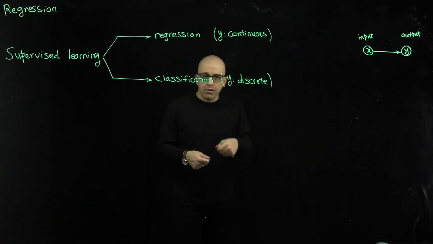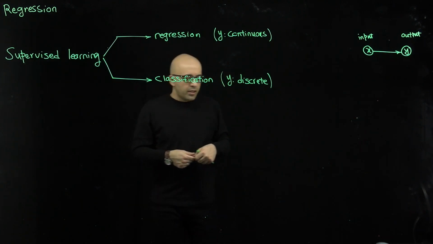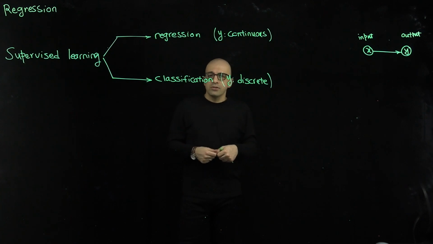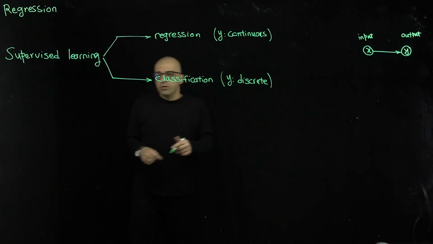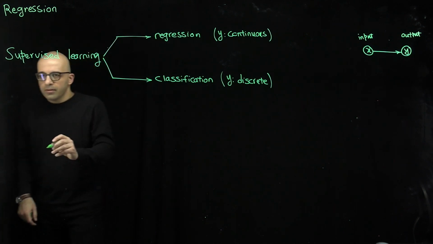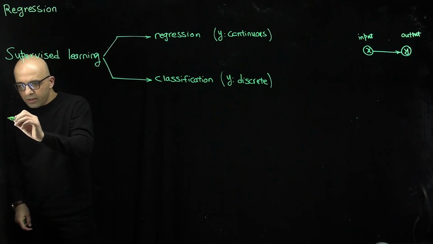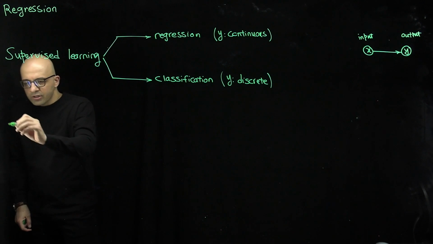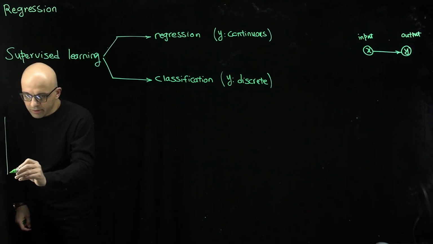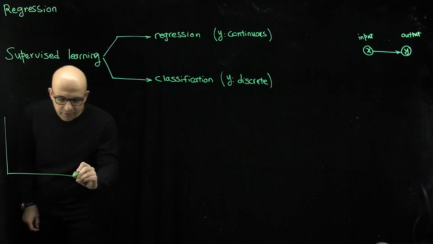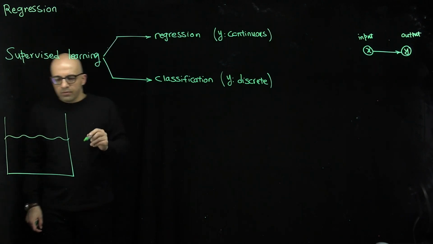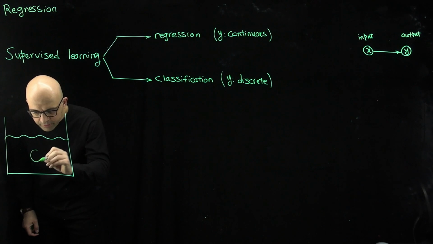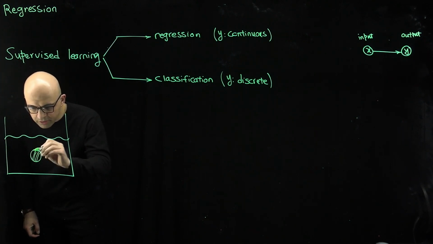And through regression problems, we want to learn some of these basic machine learning terminologies as well as some core concepts in machine learning. So let me give you an engineering example of a regression model and how we use it. Imagine we have a tank of some liquid. Within this tank, we have a body that is fully immersed.